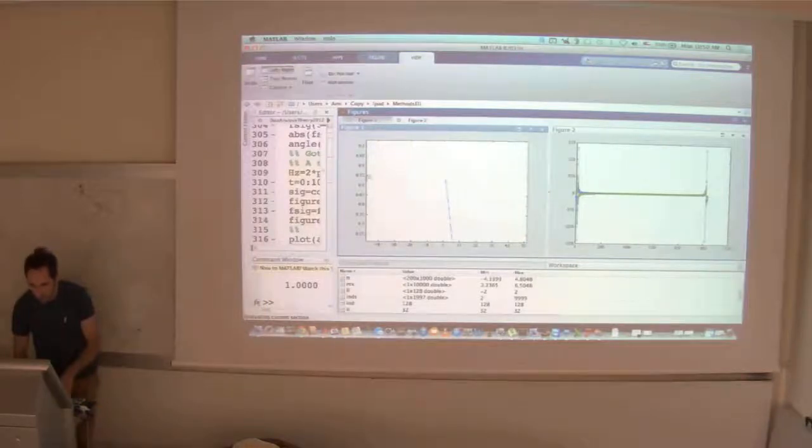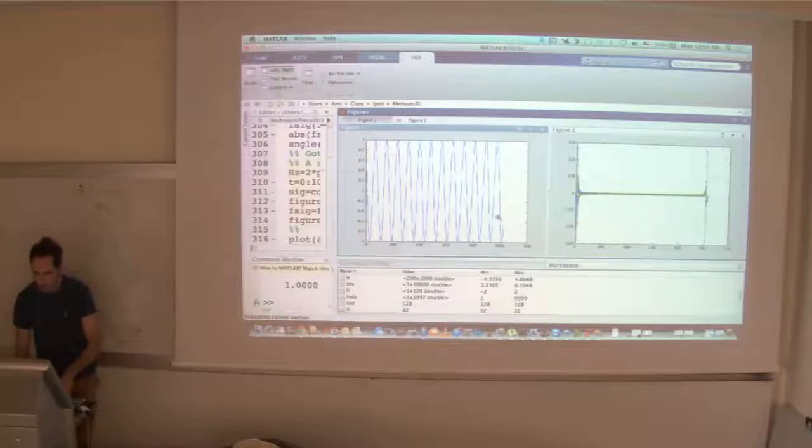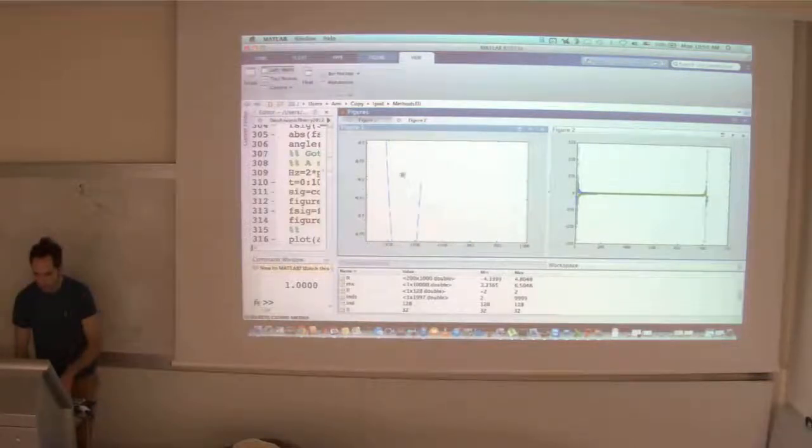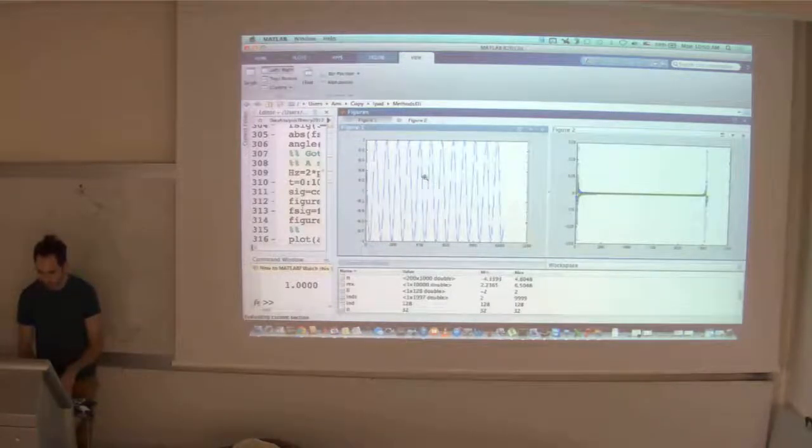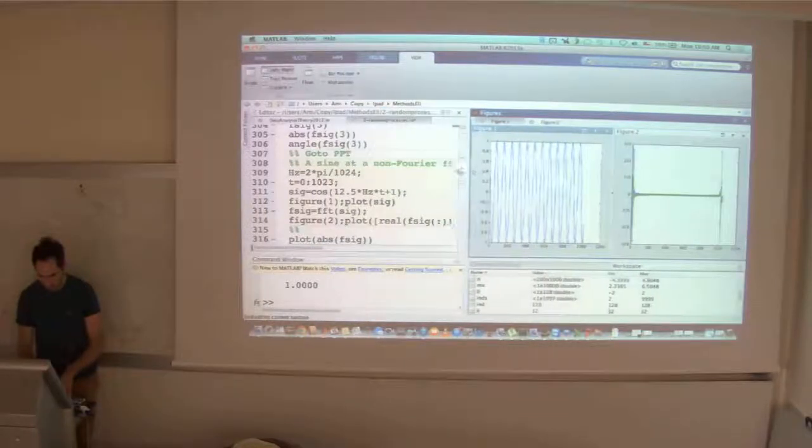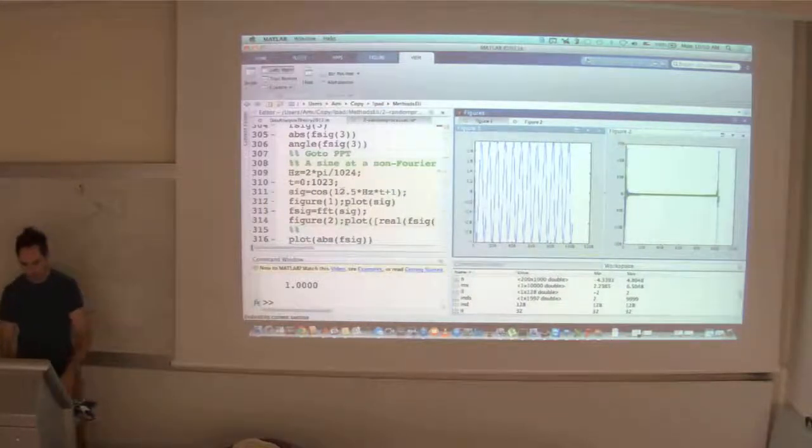It starts here at 0.55, and you can see that it's not full. It ends beneath the amount that it should have been. Let's look at the code. It's 12 and a half cycles and time shifted.